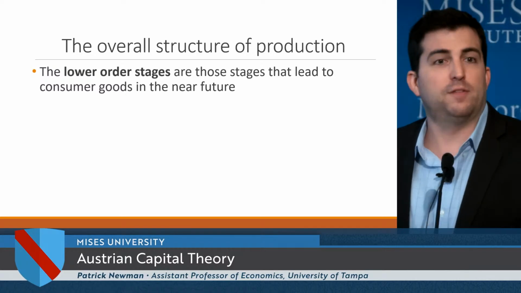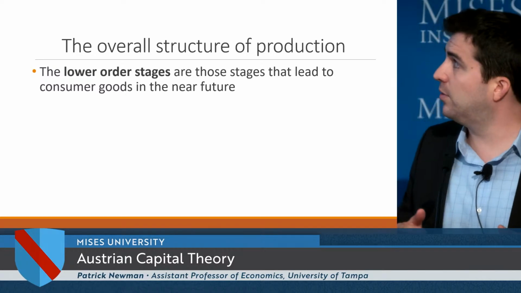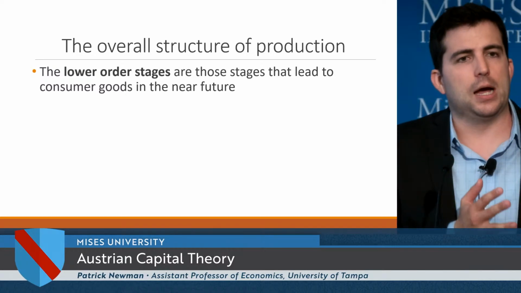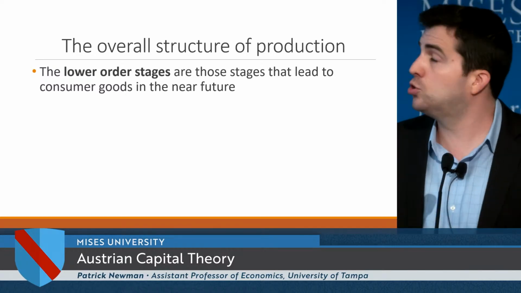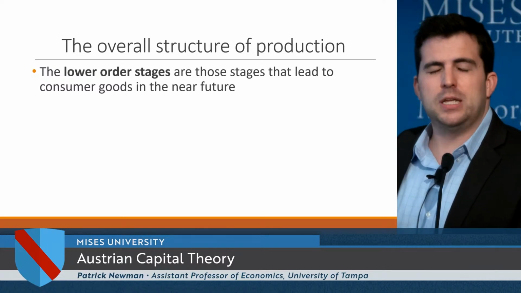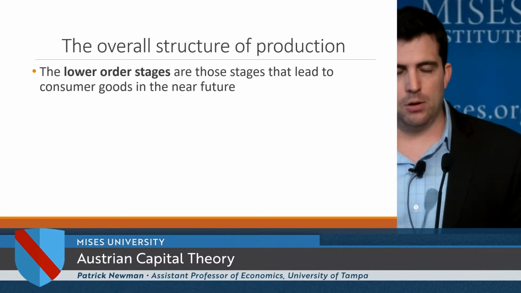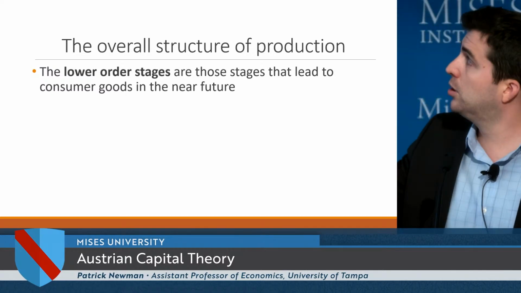So that could be like the 4th stage, say, the wholesale level, or the 5th stage, preparing the consumer goods for sale. They lead to consumer goods in the near future, right? It might be a couple of months, it might be a year or whatever, right? But these are the lower orders.